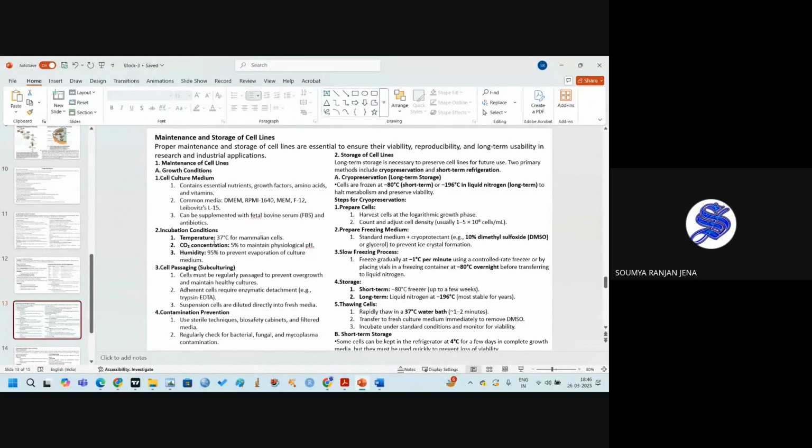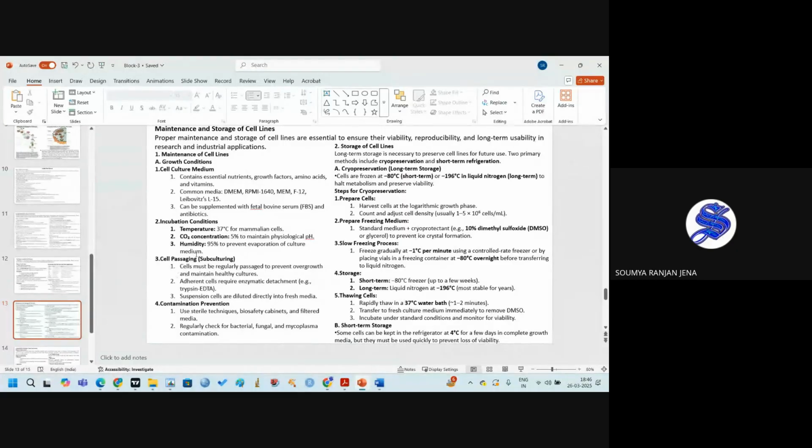The temperature is 37 degrees for mammalian cells, and CO2 concentration of 5% is required for the bicarbonate buffer system to maintain the physiological pH. Humidity is 95% because humidity is required to prevent evaporation of the culture medium, because at 37 degrees if humidity is not there, it will evaporate all the medium and the cells will dry. So this incubation condition will be maintained.